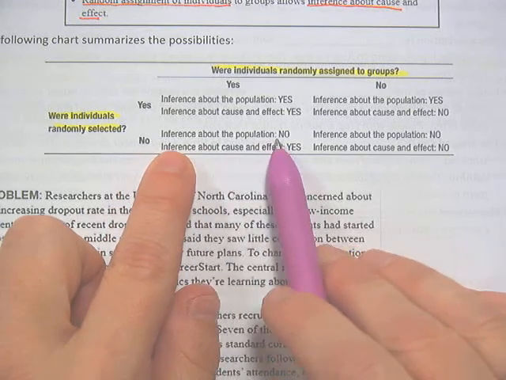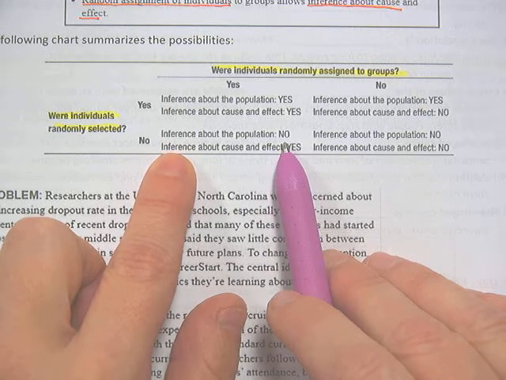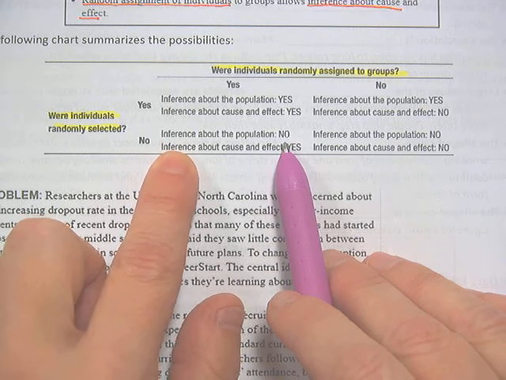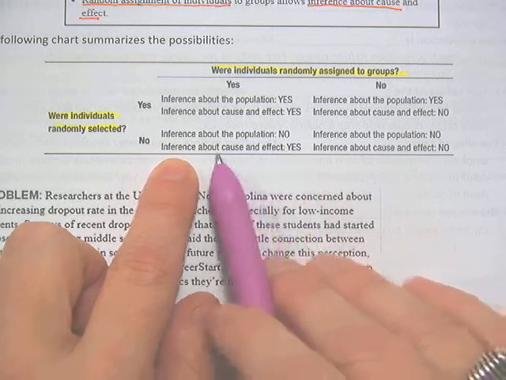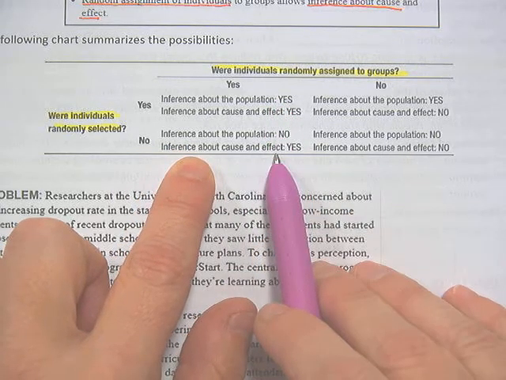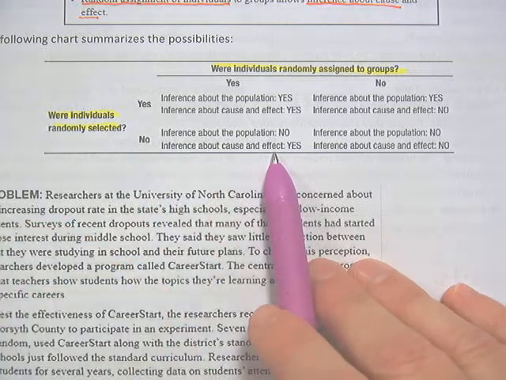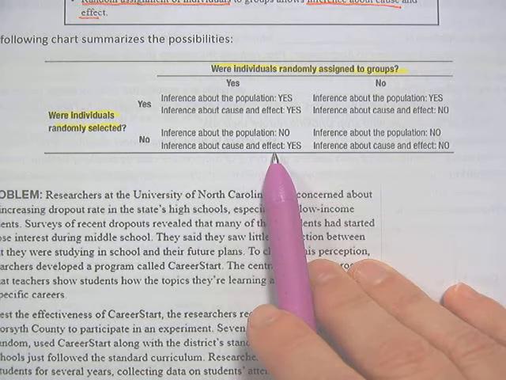Inference about the population could not be made because individuals are not randomly selected. But inference about cause and effect can be made because individuals are randomly assigned to groups. And again, when you're writing a free response, context is so important. That will get you that 5 on your AP exam if you're always putting it back in context about what's going on in the problem.